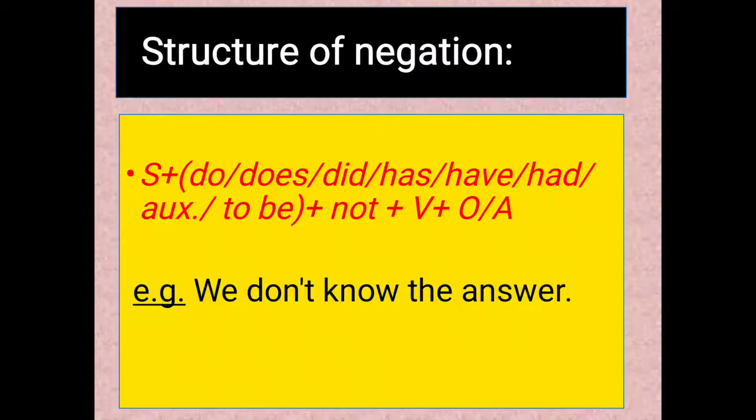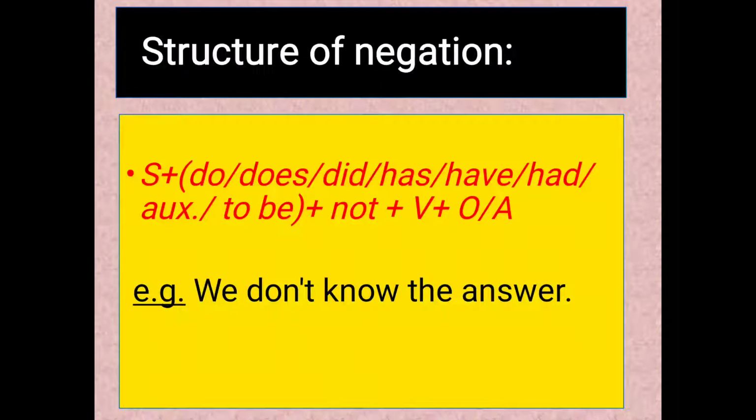If the sentence is in past tense, then we are going to use did. Or we can use has, have, had or helping verbs, as well as the forms of to be like was, were, am, is, are, will be, shall be, and after that comes not, then verb, and then object or adjunct.